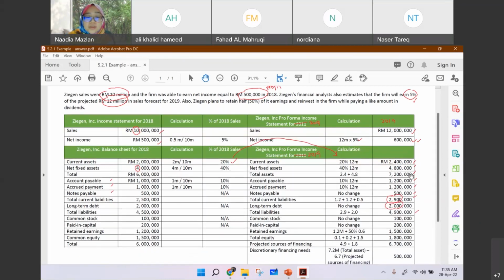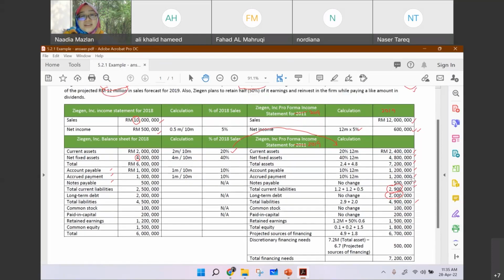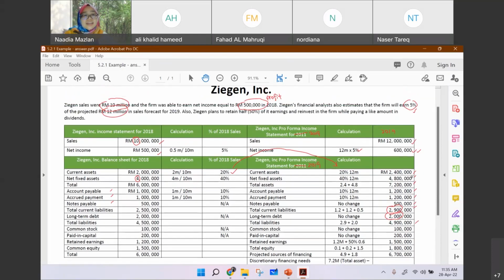Okay. So now, common stock. Common stock is not applicable, meaning that there is no change, not directly here. This part relates to earnings and retained earnings.